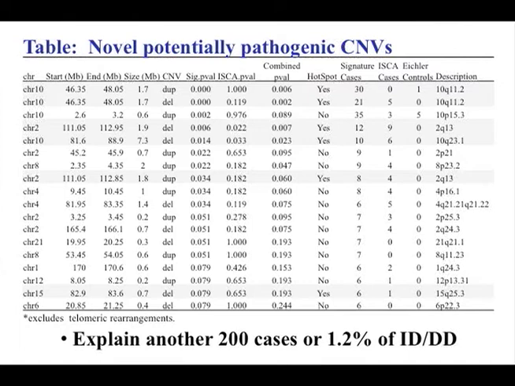So how many of these patients actually carried another large CNV greater than 500 kilobase in addition to the primary event somewhere else in the genome, either deletion or duplication? And that's shown here by the second hit. So you see this 0% to 21.9%.